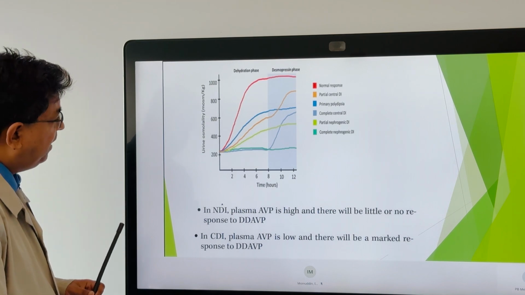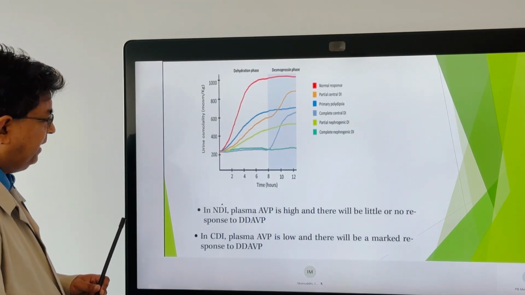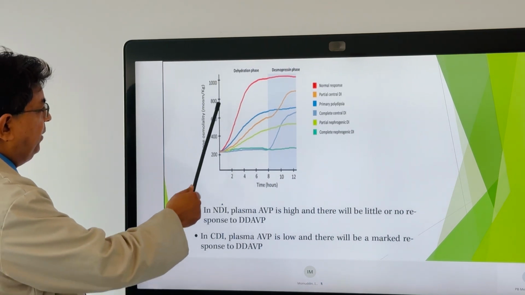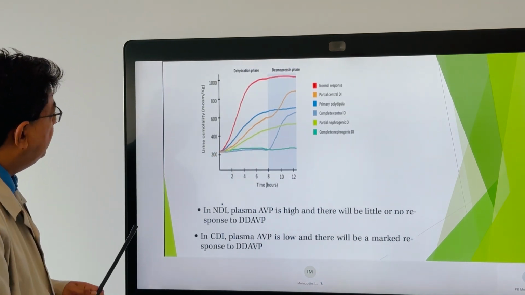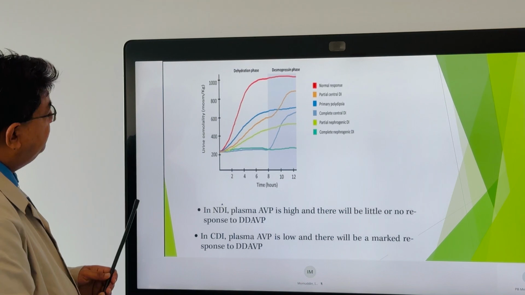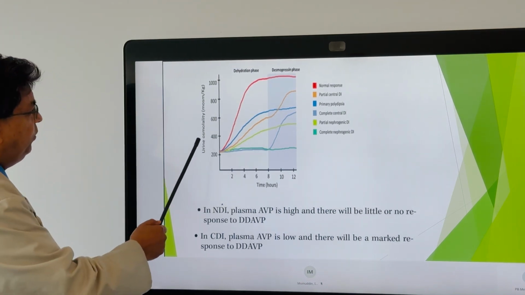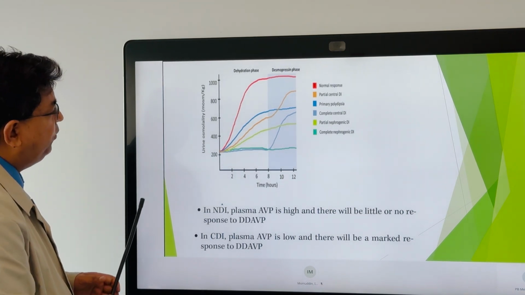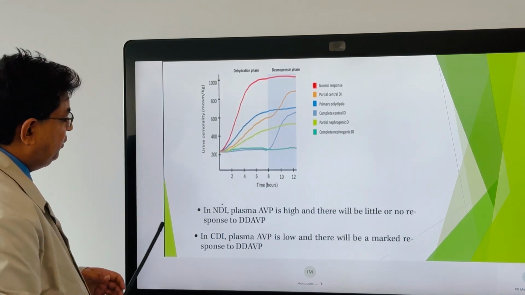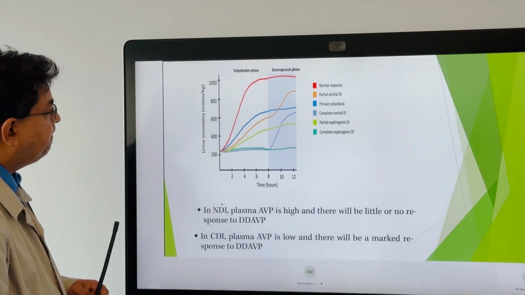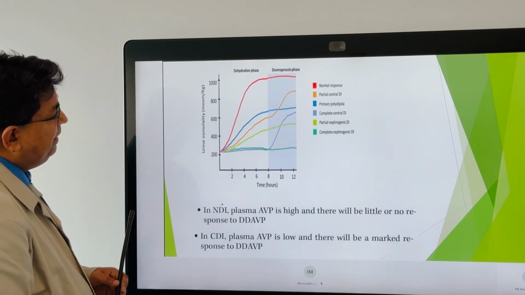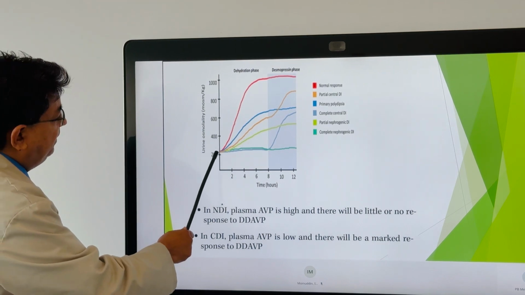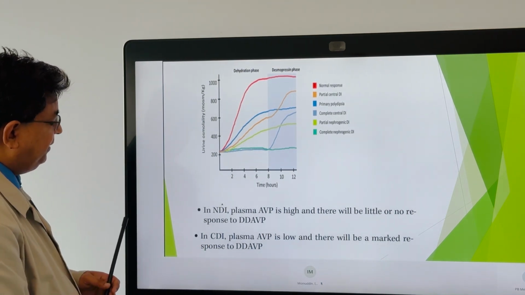The normal response to the water restriction test is the one shown in red. The urine osmolality improves markedly during the dehydration phase, maximally, and does not improve any further with administration of desmopressin. In complete central diabetes insipidus, the urine osmolality does not improve during the dehydration phase.